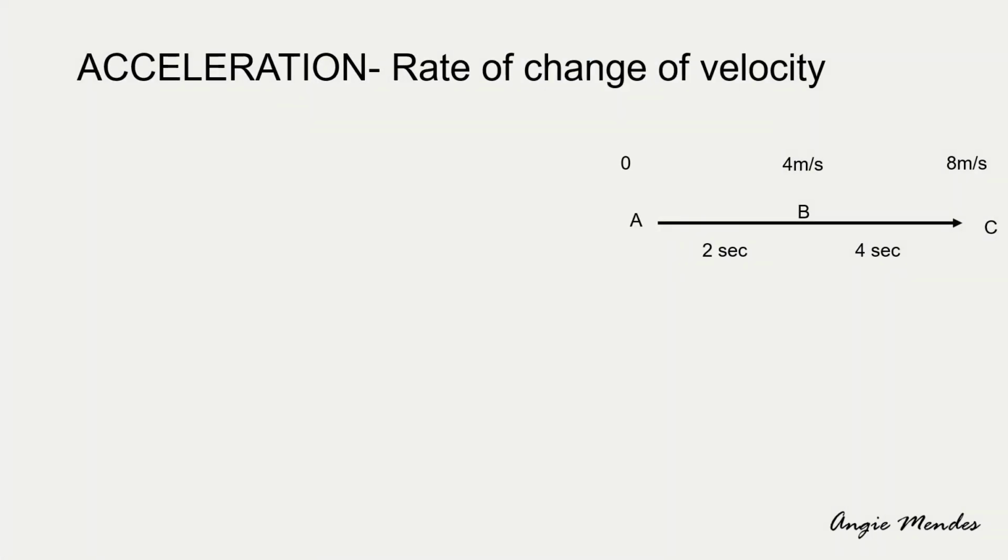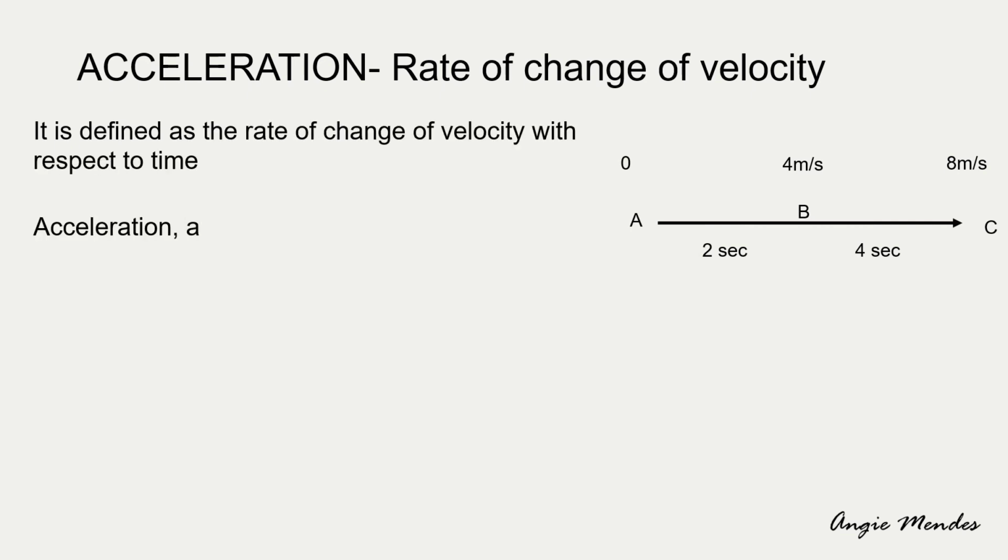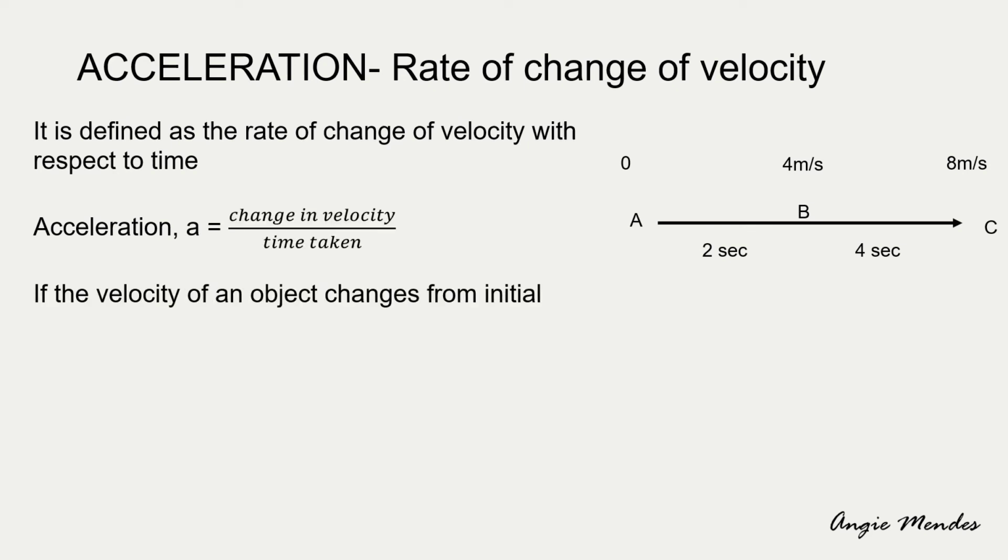Now let us discuss what is acceleration. Acceleration is defined as the rate of change of velocity with respect to time. It is expressed as change in velocity upon time taken.